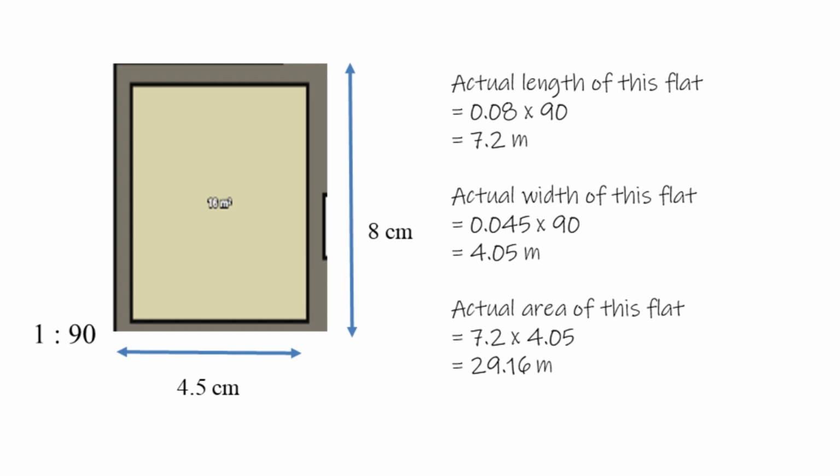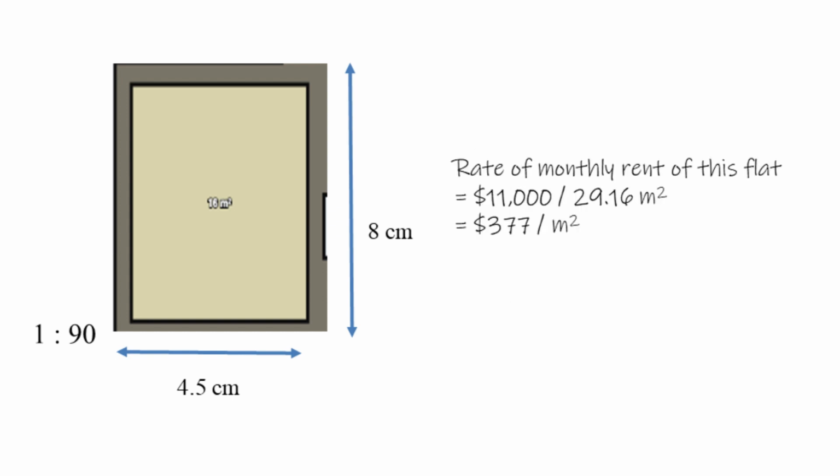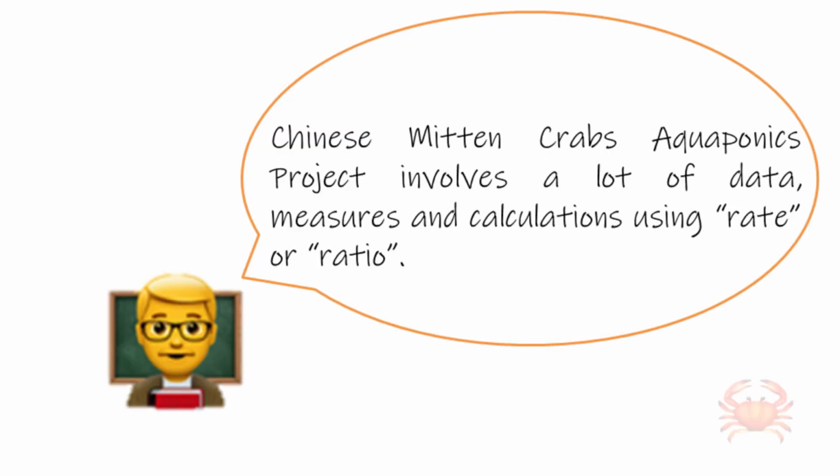Hereby, we get the actual area of the flat is 29.16 meters squared. The rate of the monthly rent of this flat is $11,000 over 29.16 meters squared. Therefore, that is around $377 per meter squared.